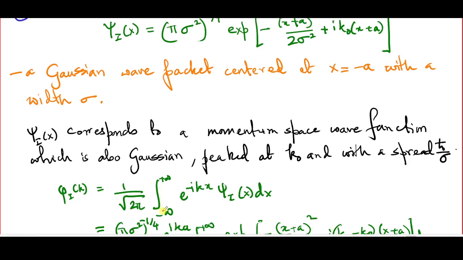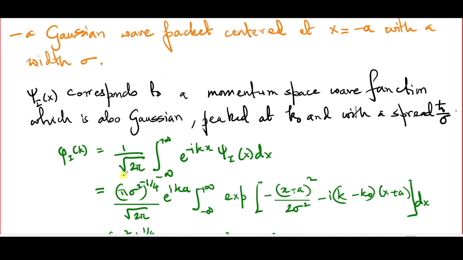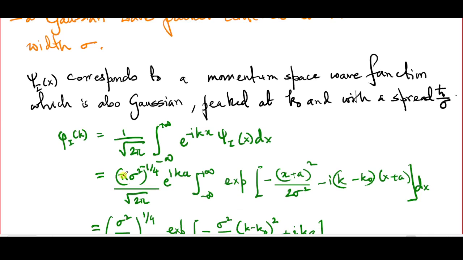To see that, what we need to do is take the Fourier transform of psi I of x, that is phi I of k. The Fourier transform is carried out by multiplying by e to the power minus i k x and then integrating over all space with a factor of 1 by root 2 pi thrown in to keep the norms straight. And once you calculate this by plugging in the value of psi I, this is the integral you have to do.